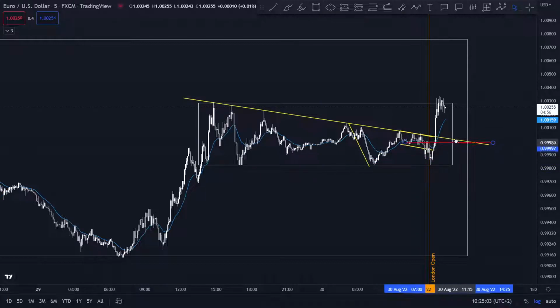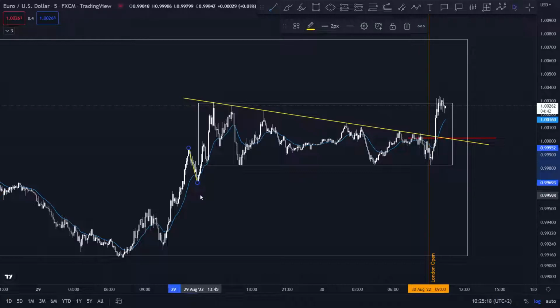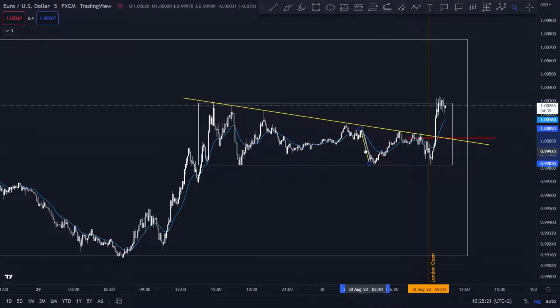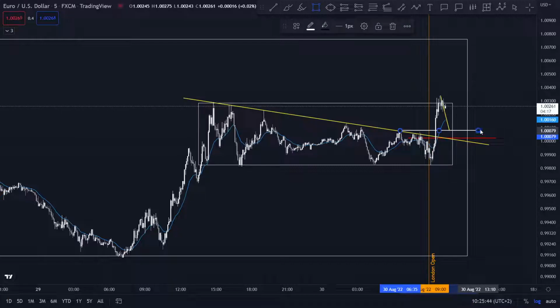Now I have my stop loss here. You see how this move is very similar to this move, similar to this move. If the market comes back down here, it might find support.